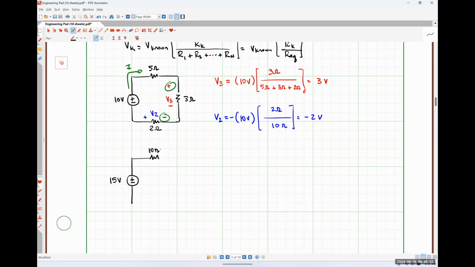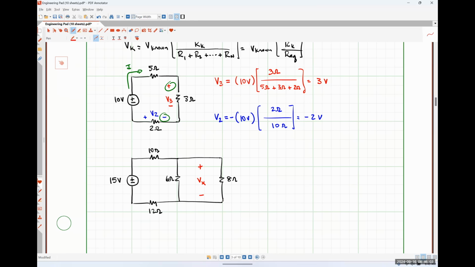Let's put a 10 ohm resistor, 6 ohm resistor, an 8 ohm resistor, and a 12 ohm resistor down here. And let's say that we are interested in finding the voltage drop across these two resistors connected in parallel.